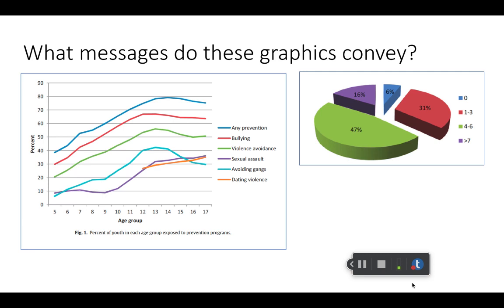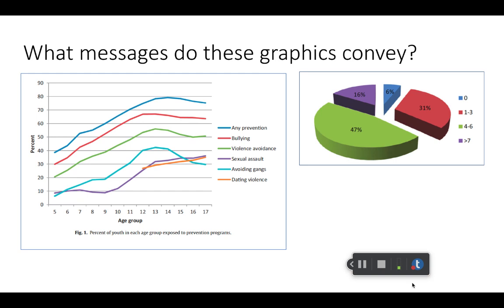What messages do these graphics convey to you? Well, the data in them are accurate, I believe, from reading the articles. I think there is something problematic about the presentation. So the graph on the left is really charting results for different age groups. And so these kids are all interviewed at the same point in time.